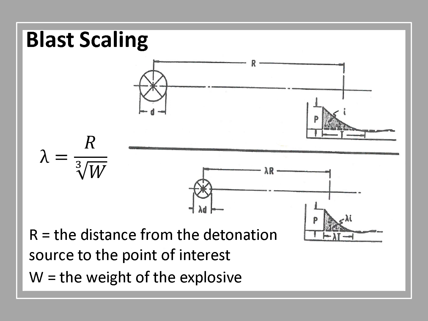Furthermore, at the given point we would have impulse lambda I, duration lambda t, and arrival time lambda t sub A. It is important to note that under this formulation all distance and time parameters of a blast wave are scaled by the same factor lambda, but pressure and velocity values remain unchanged at similarly analogous times.